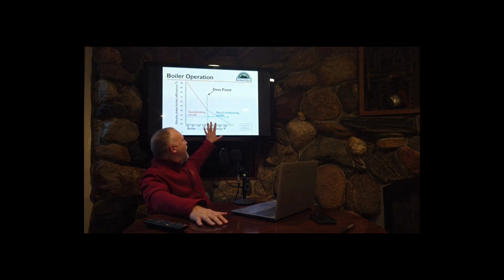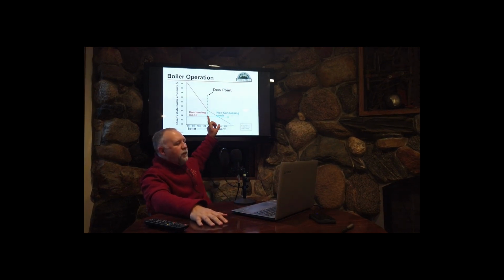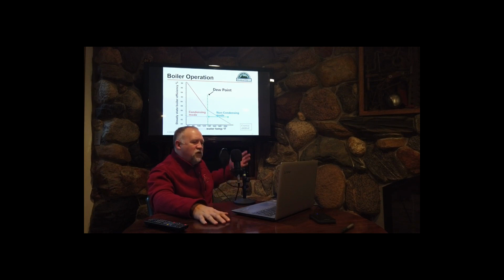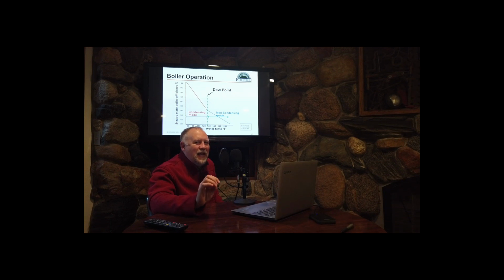Here is the graph that I want you to remember. Boiler operation. So remember that Q equals UA delta T. The U part, that's a function of what do I build the boiler out of. The area, once again, it's a function of how much surface area for the various coils that I have. Delta T in this case is the difference in temperature across the coil.